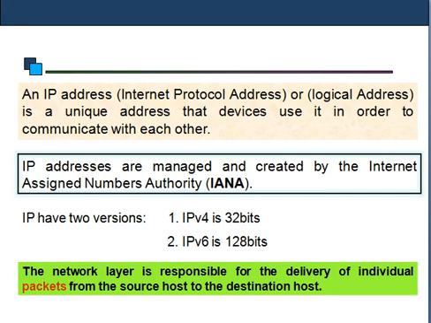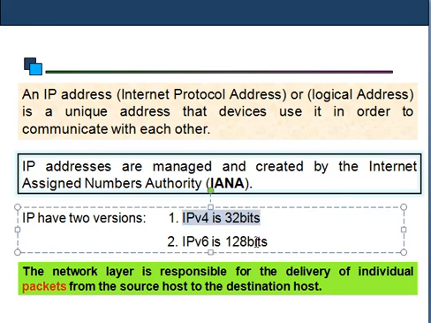As we finished the physical address, or MAC address, last lecture, today you should know that IP addresses are divided into two versions. We have IP version 4, which is 32 bits, and we have IP version 6, which is 128 bits. IP addresses exist in the network layer.